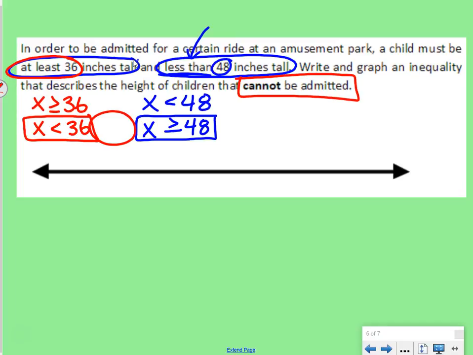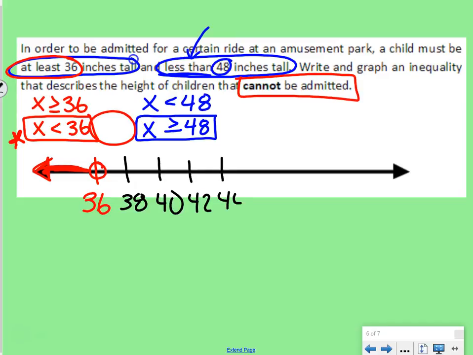Let's start with graphing x is less than 36. We put 36 here, open circle, and then we shade to the left. Now we'll count up to 48. There we have 48.